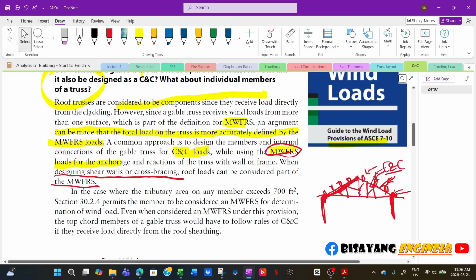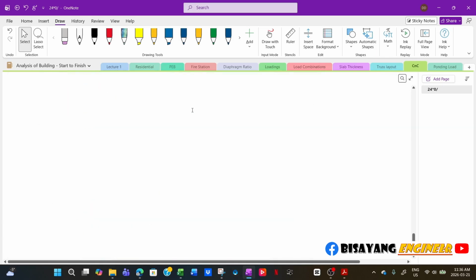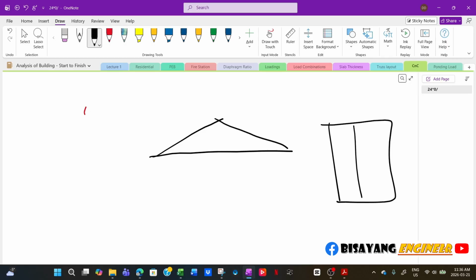For example, the idea is, if this is your truss. Now, if you notice in the components and cladding diagram, it is divided into zones, and then there's a solid area.